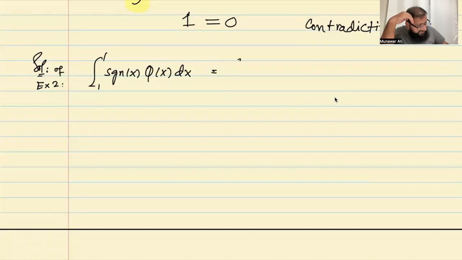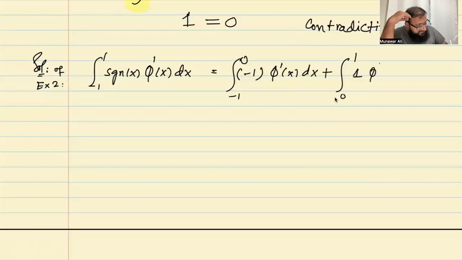You know very well, from -1 to 0 and from 0 to 1, we have two different functions because this is a sine function. From -1 to 0 it's -1, and from 0 to 1 it's 1. And I'll multiply by phi prime of x according to the definition, dx, plus phi prime of x dx.